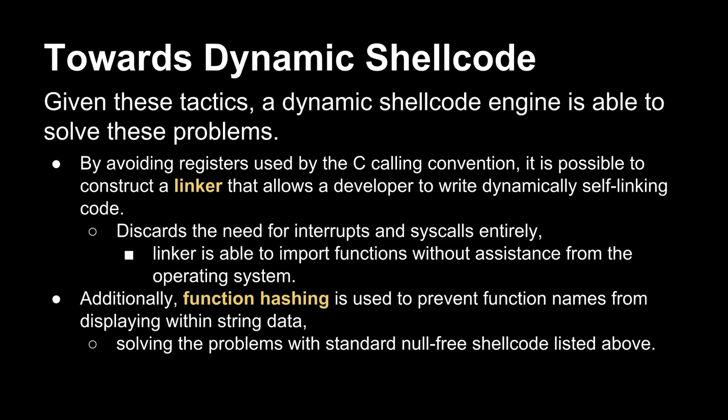Similarly, you can implement function hashing, which we'll cover specifically in a few slides, to avoid using function names in the payload itself. The function hashing technique is very similar to the Windows-land malware technique of calling functions by their ordinal.